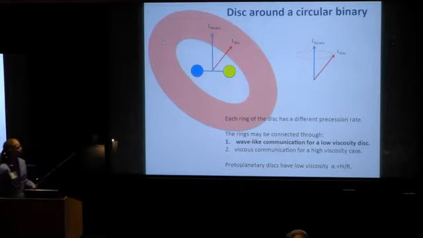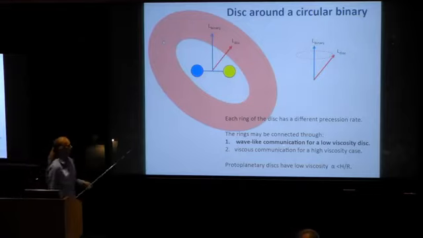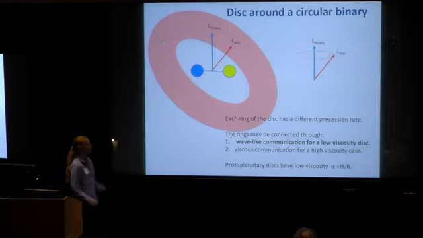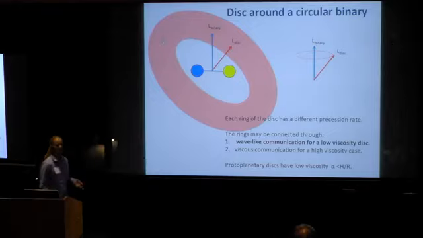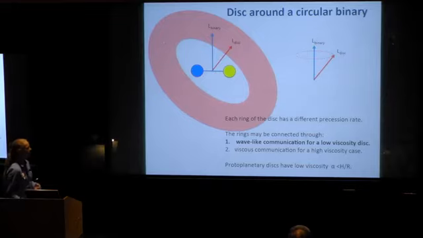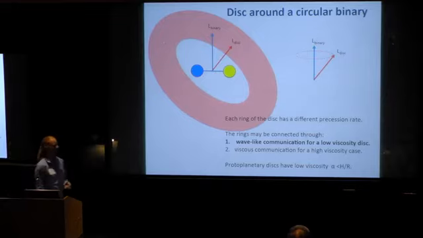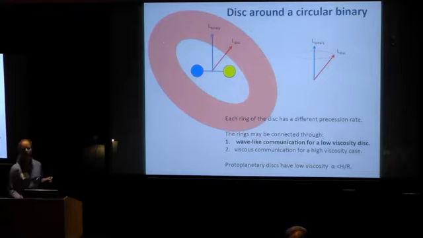But in the disk, each ring of the disk is connected. There are two ways that it can be connected. First of all, if it's a low viscosity disk, it can be connected through wave-like communication. Or if it's a high viscosity case, then it can communicate through viscous effects. Protoplanetary disks generally have a low alpha, and so we're in this wave-like communication regime.